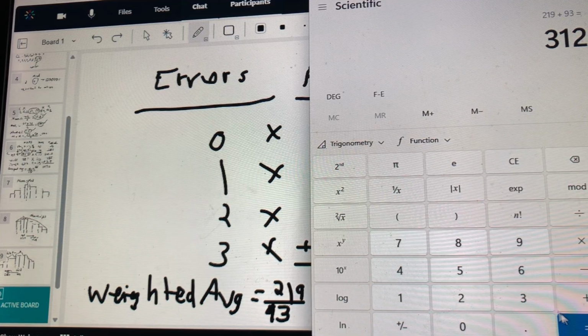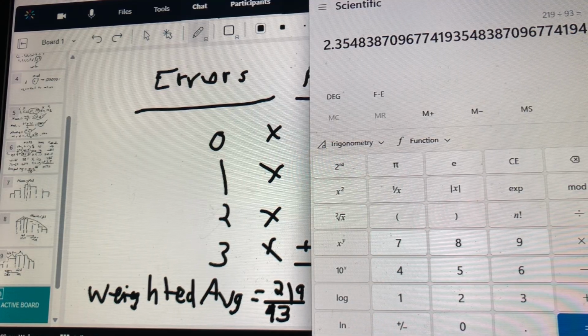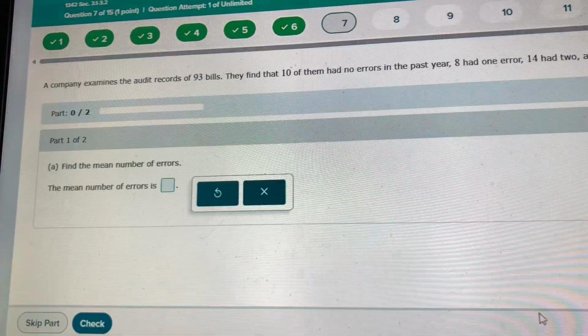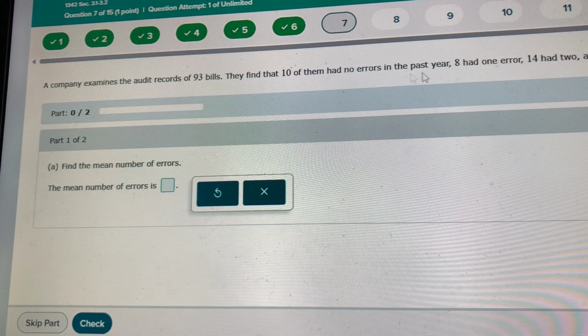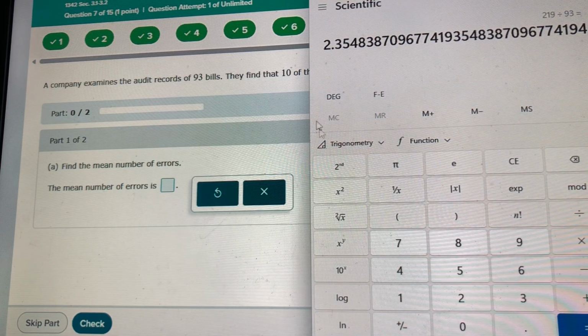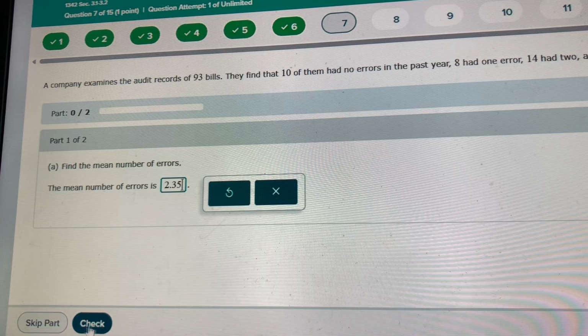So 219 divided by 93 is, and then we probably round to the nearest 10th, but let me double check. You got to be careful because they'll sometimes change what they want you to round to. It doesn't even say here. Find the mean number of errors. Okay, so 2.35. It doesn't say where to round.